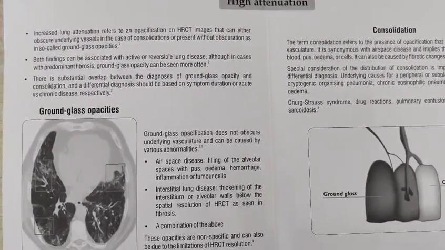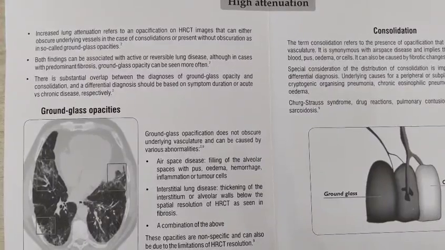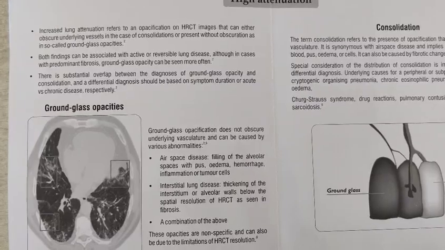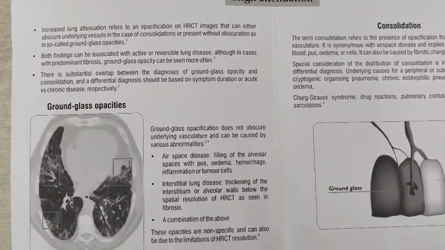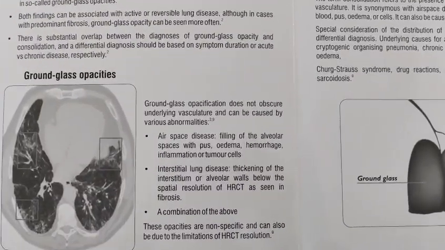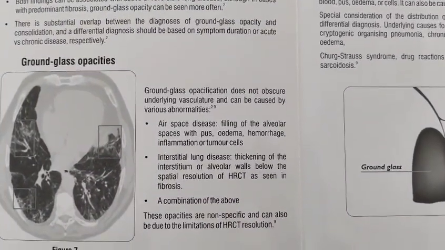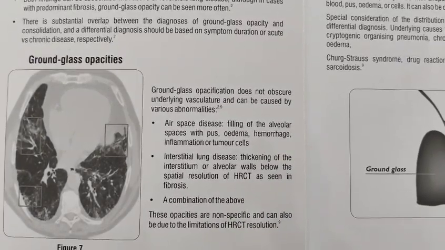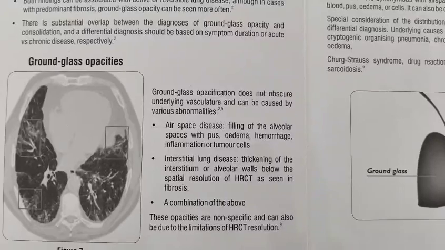There is substantial overlap between the diagnosis of ground glass opacity and consolidation, and a differential diagnosis should be based on symptom duration, acute versus chronic disease respectively. Ground glass opacities do not obscure underlying vasculature and can be caused by various abnormalities like airspace disease, interstitial disease, or a combination of these two.